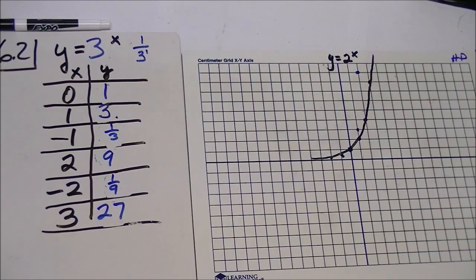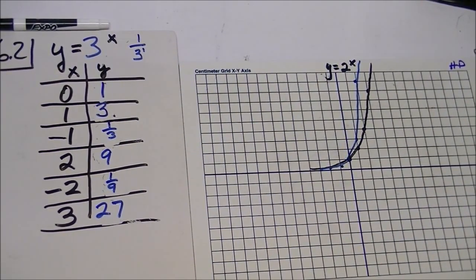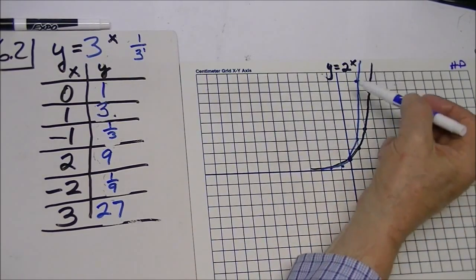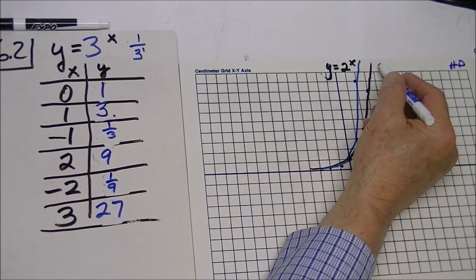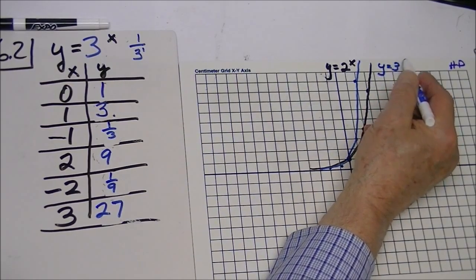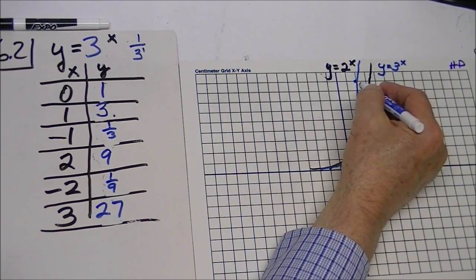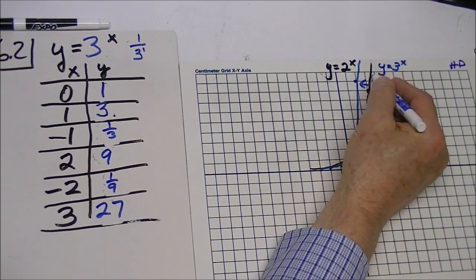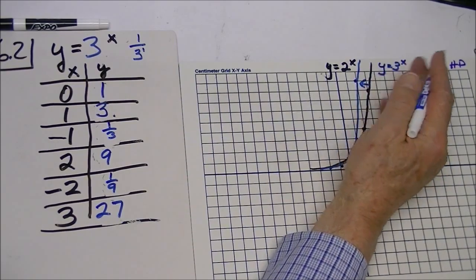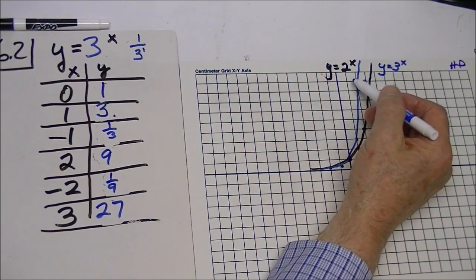Let me sketch it in. So we see if this were 2, we get the black line. Now the blue line is y equals 3 to the x power. And what has happened, we have moved our graph toward the y-axis. We have shifted it toward the y-axis.